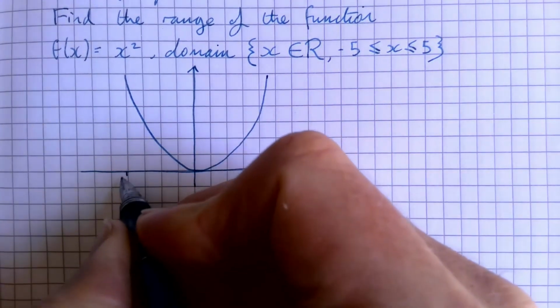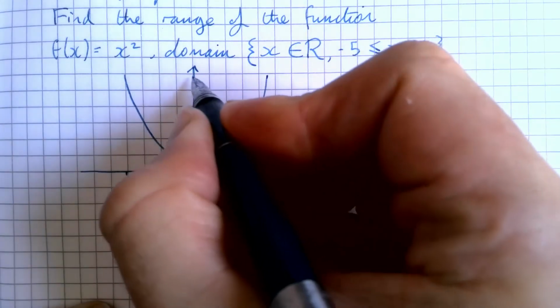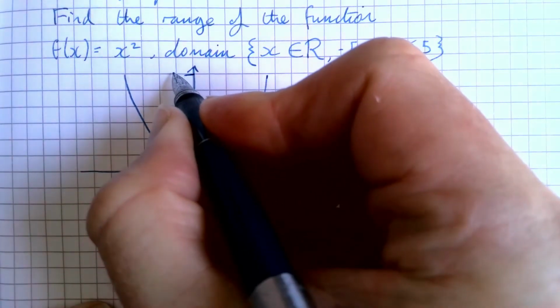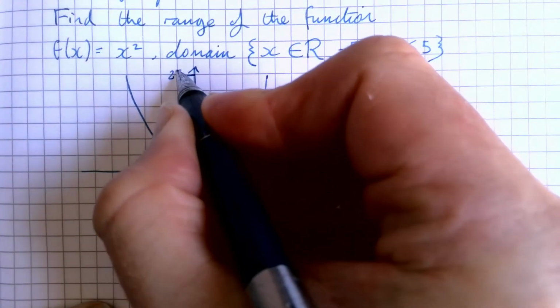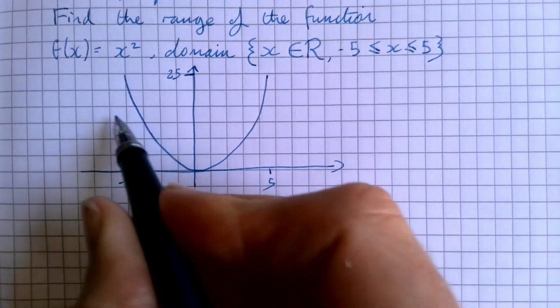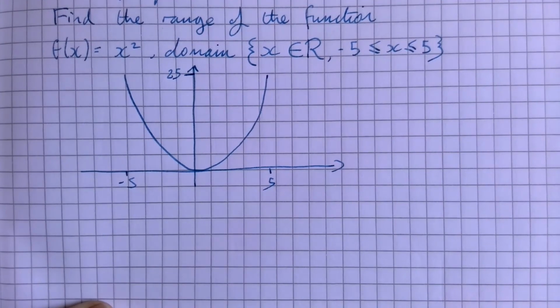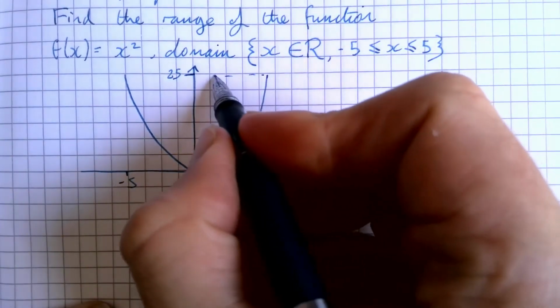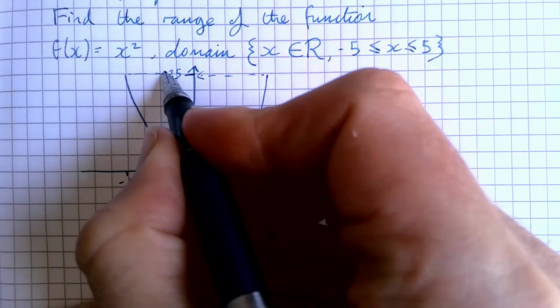And when x is 5, -5, that's going to be giving us 25, isn't it? Because -5 squared is 25, 5 squared is 25. Sorry for the shoddy sketch, but you get the idea. Hopefully we're getting those same answers there.